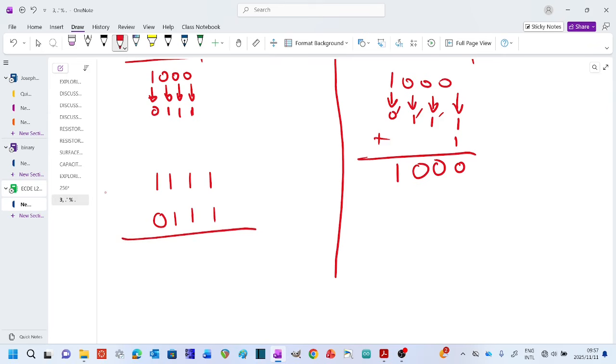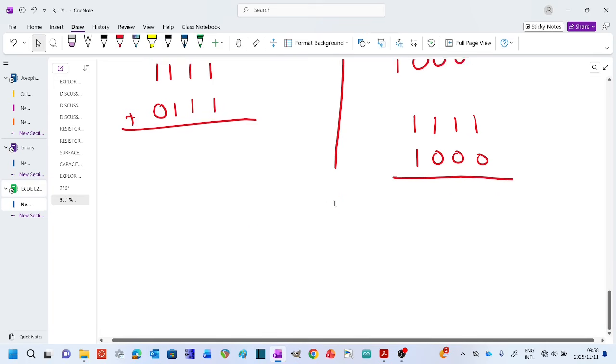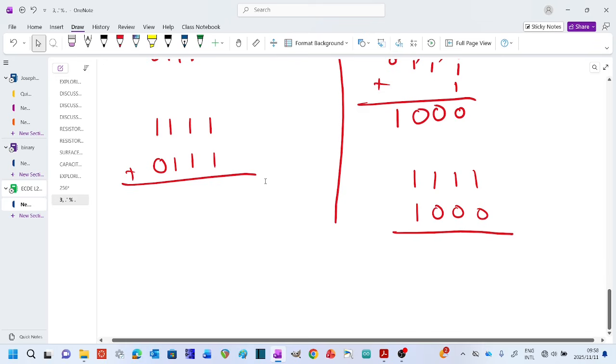And here, I'm going to take the second complement, I'm going to add it also. 1, 1, 1, 1, plus 1, 0, 0, 0. So, on one side I'm solving 1's complement, on the other side I'm solving 2's complement.